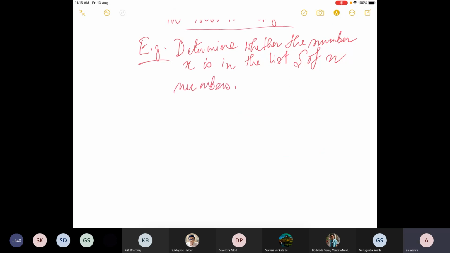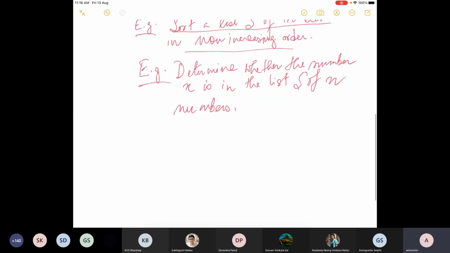These are some examples of problems. Most of these problems you are already familiar with: the first one corresponds to the sorting problem, the second one corresponds to a sequential search problem.